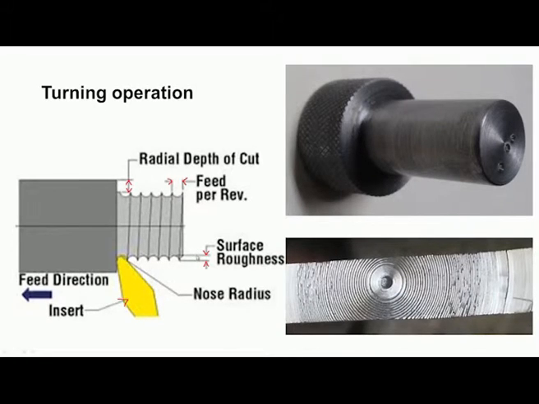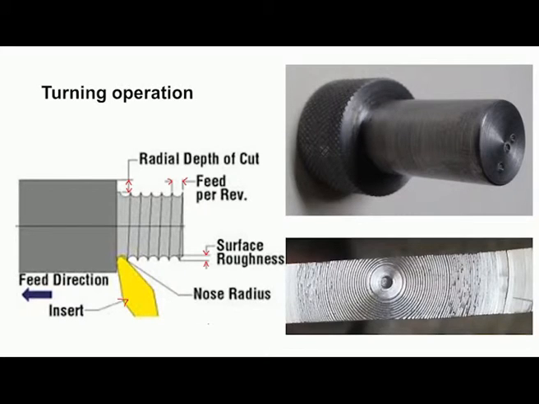So, this gap, that is the distance between peak and valley, is known as the surface roughness. This is the radial depth of cut, and this is the feed rate per revolution. When we vary the feed rate, the roughness will change.